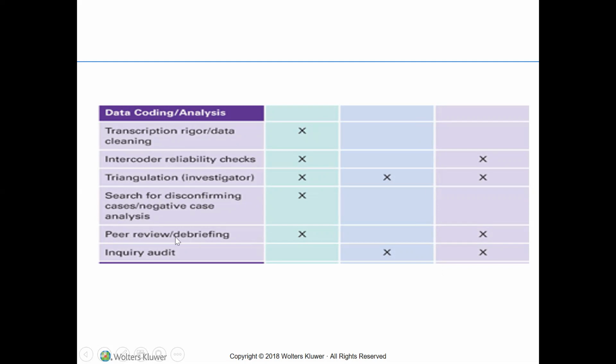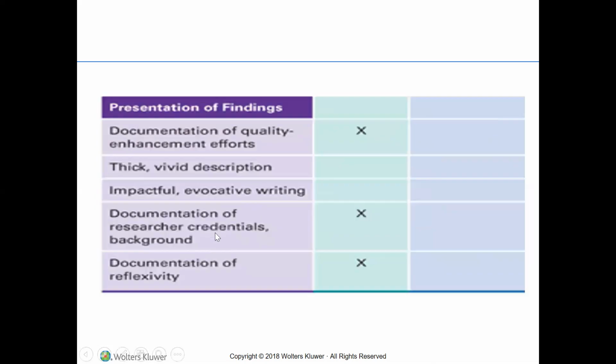They review with each other, debrief, and make decisions about the data. And then there's the way the findings are presented, how they try to enhance the quality of their findings. In addition, actually who did the research matters.